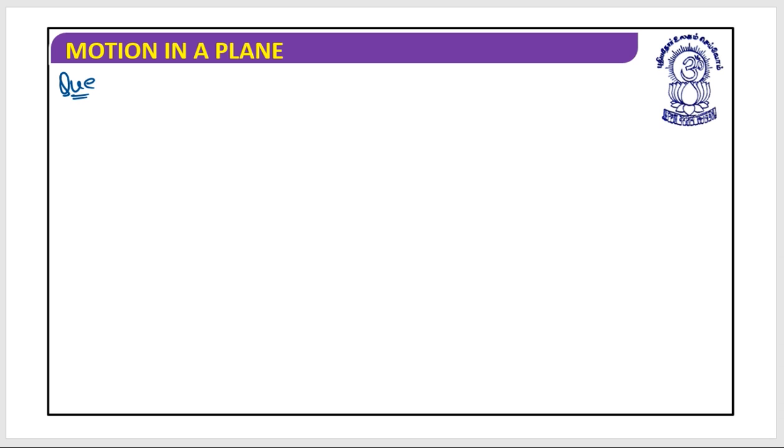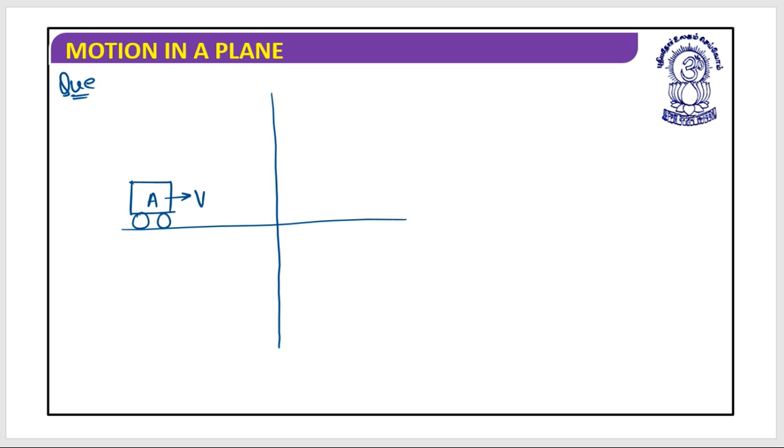Suppose it is a situation of, let's say, crossroads, something like this. Here one of the objects is there, let's say object A, which is moving in this direction. That is VA is equal to, let's say, 20 meter per second.